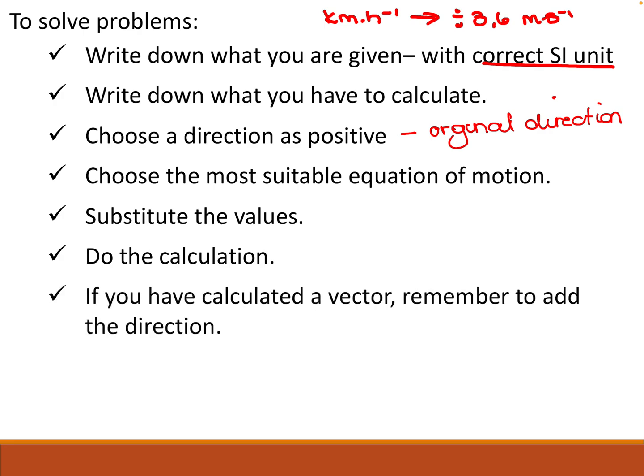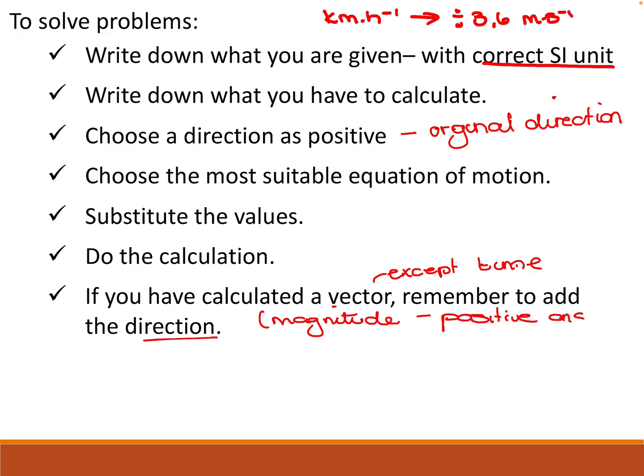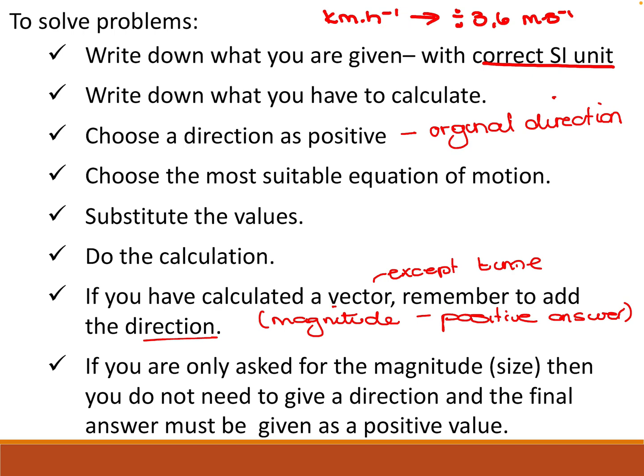If you've got a vector, so this is pretty much everything except time, remember, you must give me a direction at the end. If they ask for a magnitude only, then magnitude means that positive answer at the end, but I don't need a direction.